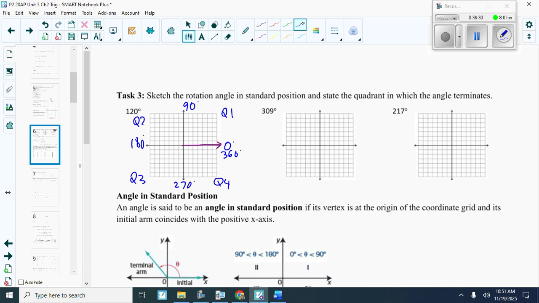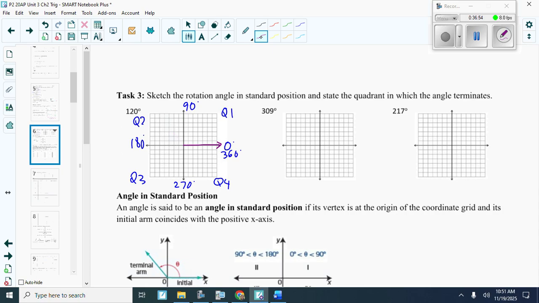Go ahead and put your initial arm from the origin, positive, and then you're going to be approximately here. I would expect you to be a little closer to the 90 than to the 180, and maybe I was a little too generous on that.